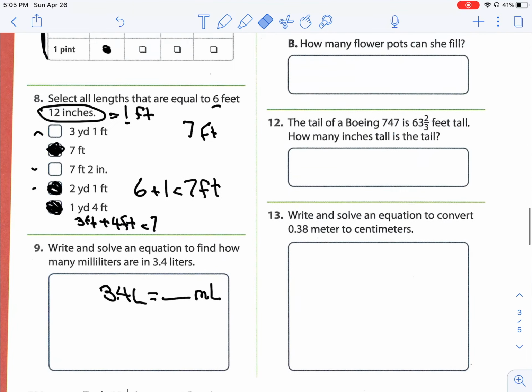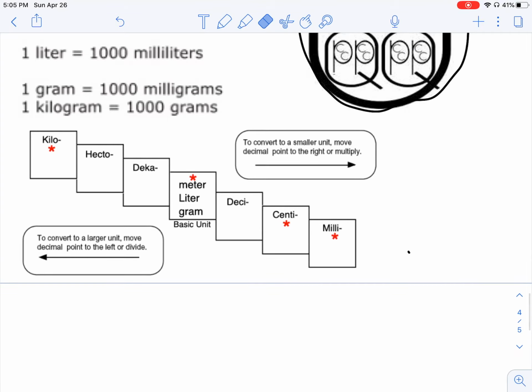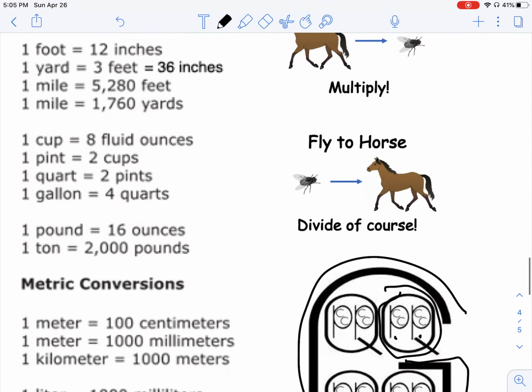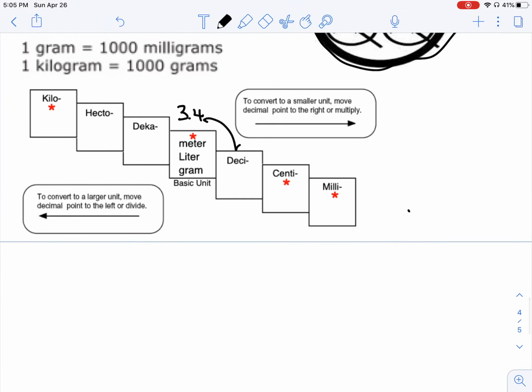It was 3.4 liters, so I'm just going to put 3.4 liters right there. I need to turn it to milliliters. I need to move my decimal 1, 2, 3 places to the right.